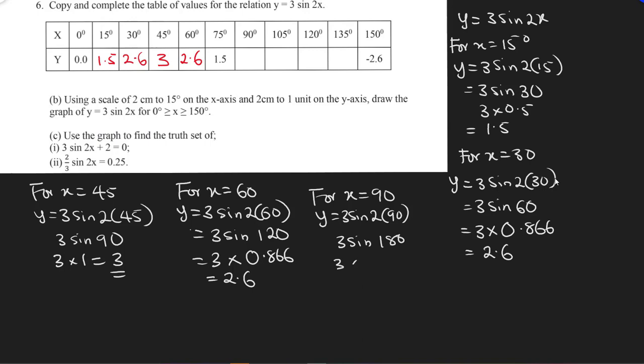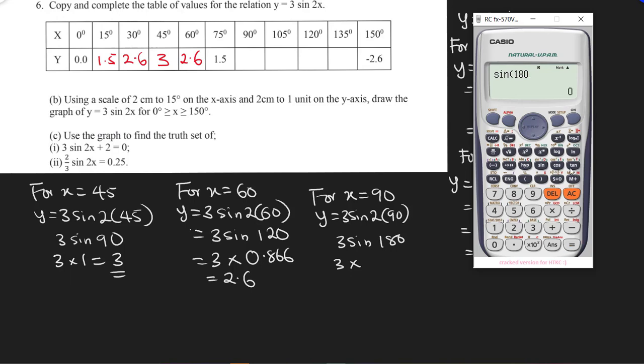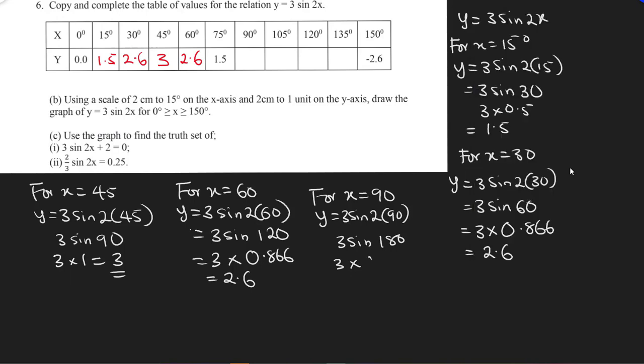So 3 times sine 180 is 0, and 3 times 0 is 0. So that is it. Here is going to be 0.